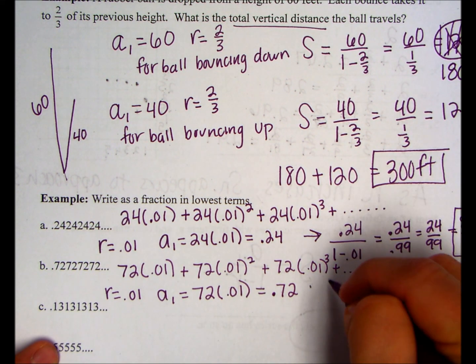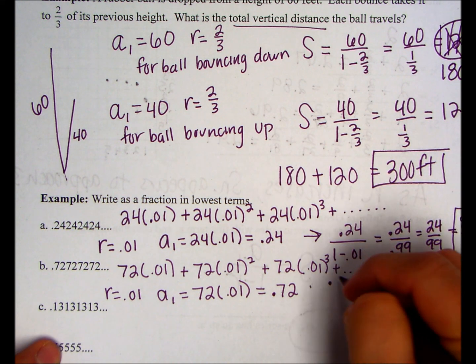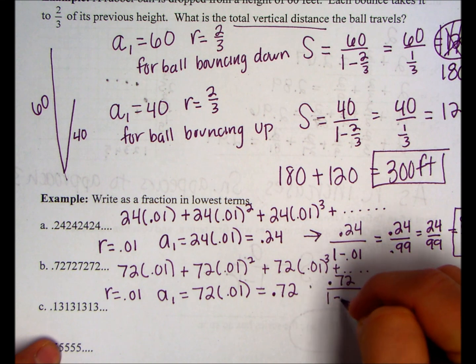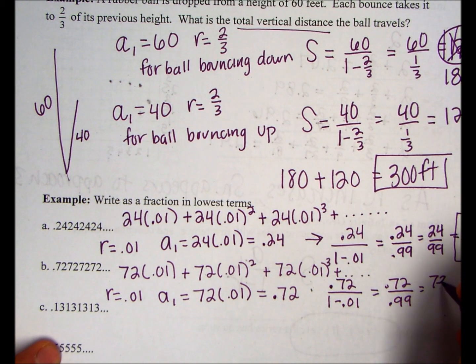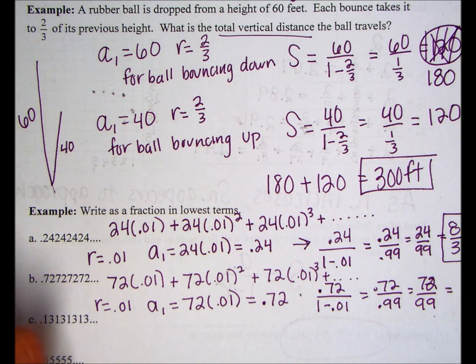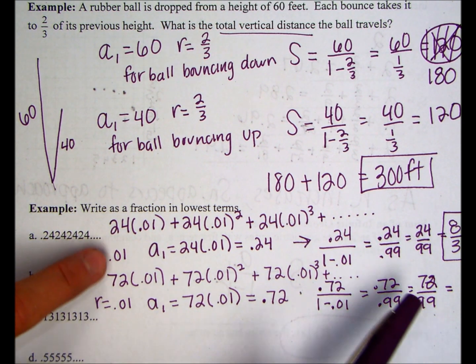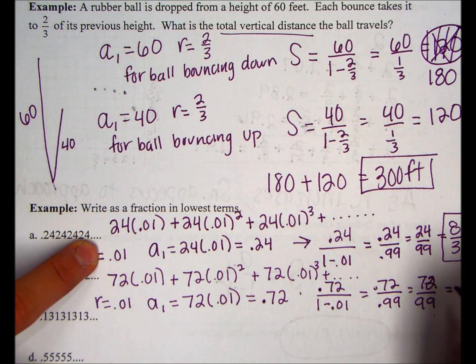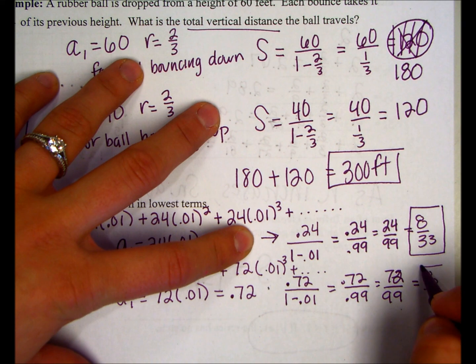When I write this into my formula, I get 0.72 divided by 1 minus 0.01, so 0.72 divided by 0.99. That's just 72 divided by 99. I know that I can pull a 9 out of both of these, so that leaves me with 8 over 11.